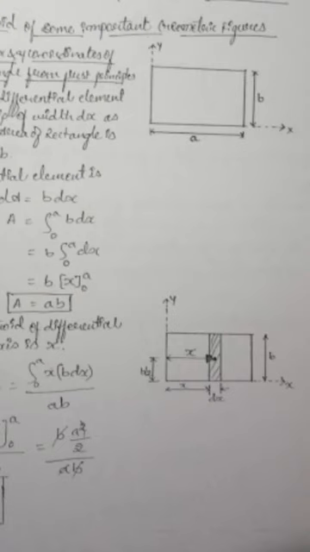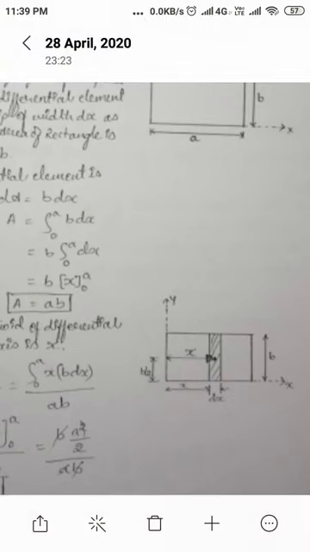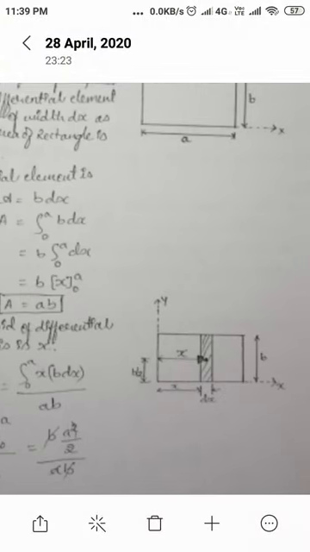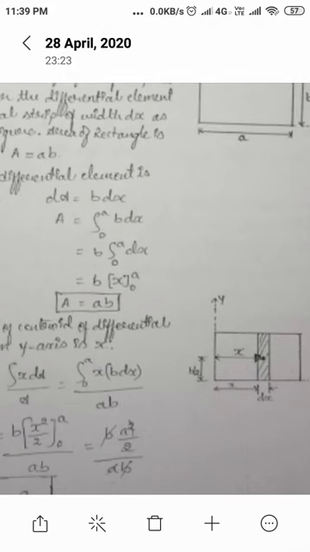So the area of that strip will be a into b, and the total area of the rectangular section will be a into b. That is the differential elemental area.